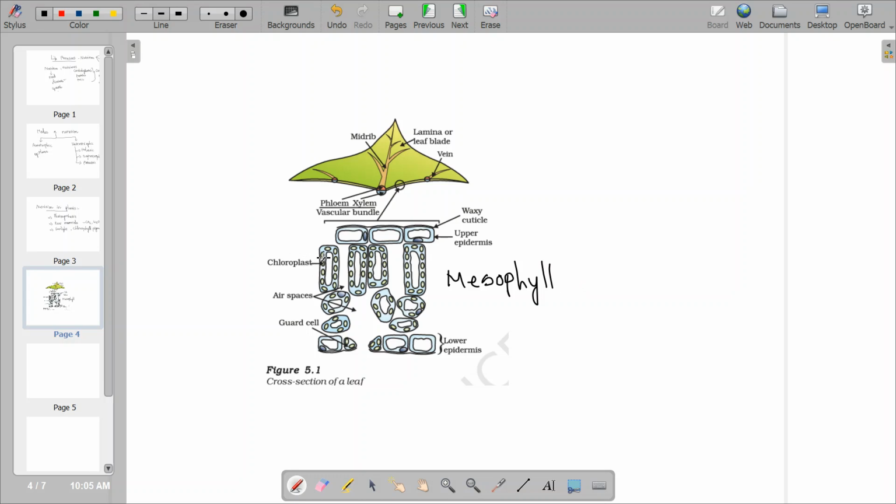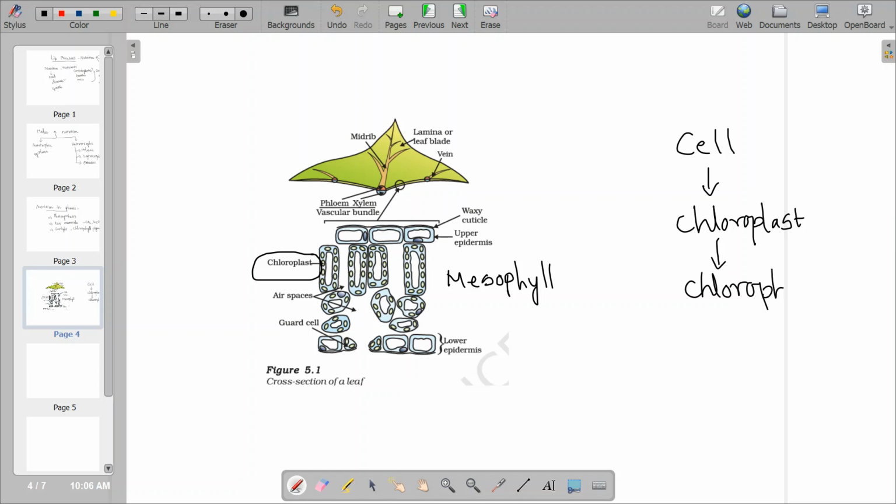If you look at this one cell, this is the mesophyll cell, in which you can find the chloroplast. The chloroplast is the organelle present inside the cell that contains the chlorophyll pigment.